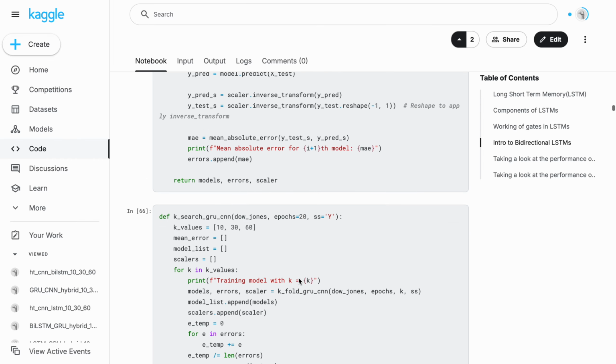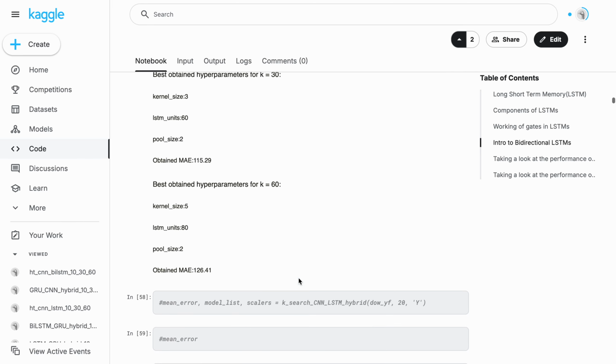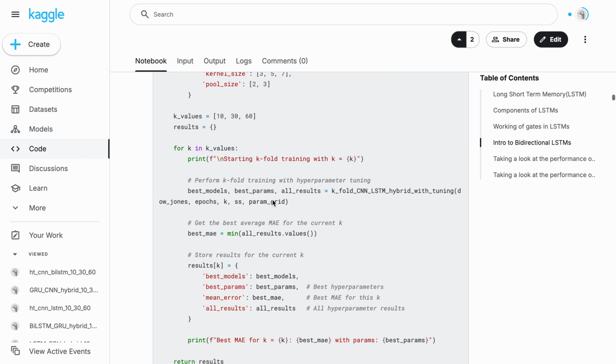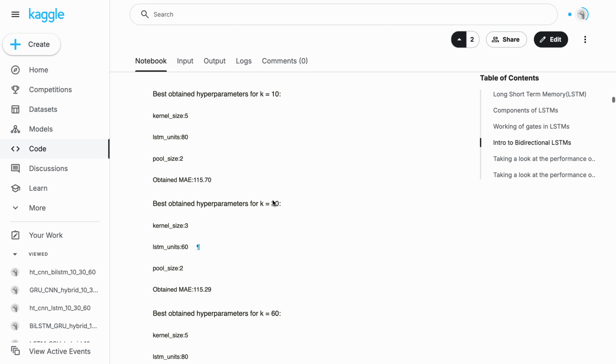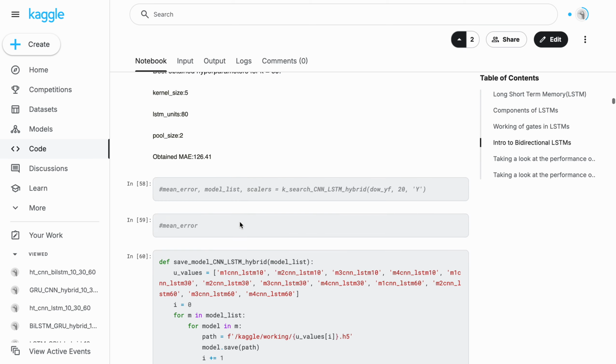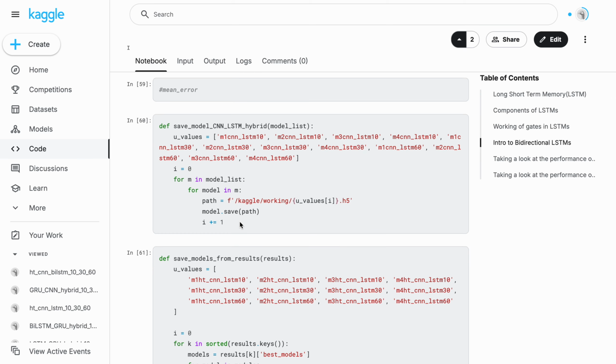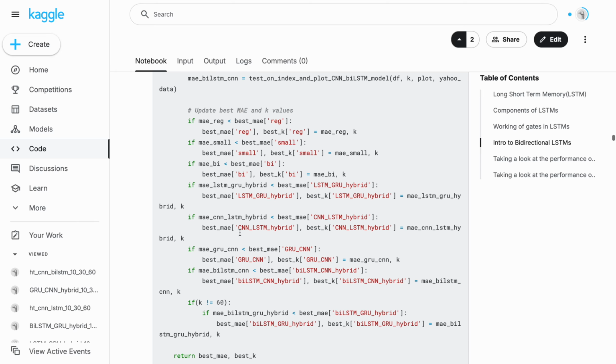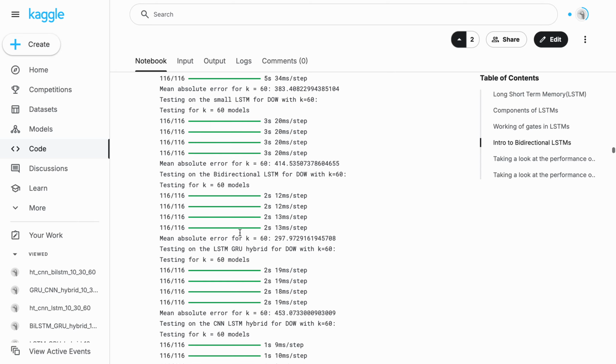So I carried out some hyperparameter tuning for the CNN LSTM hybrid, and based on that I developed the model. I also carried out the tuning for the CNN by LSTM model, and here were the results.